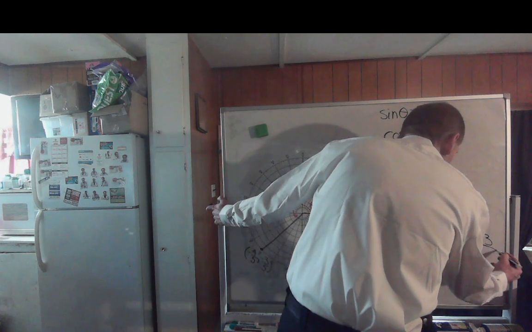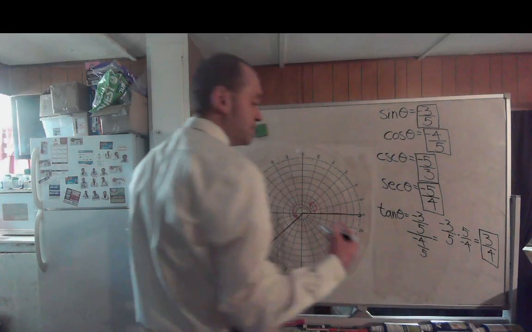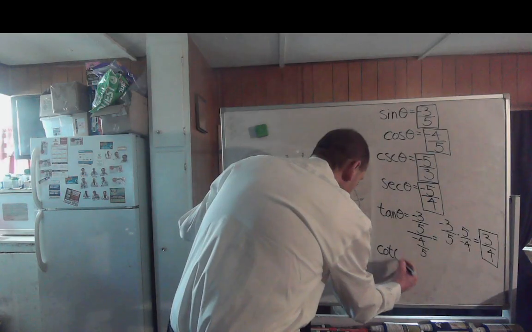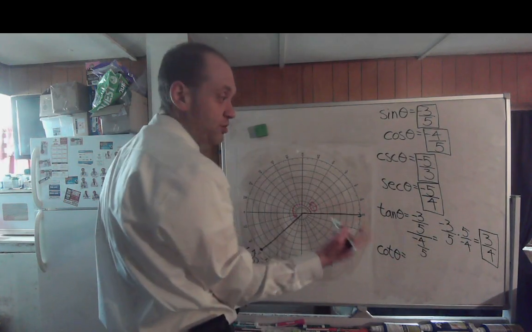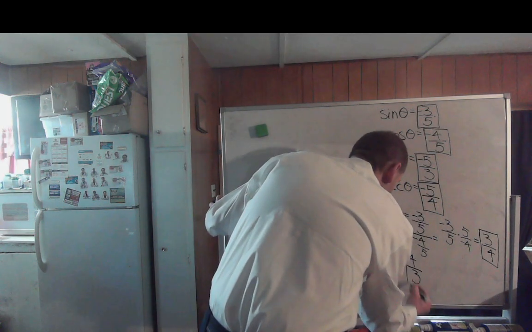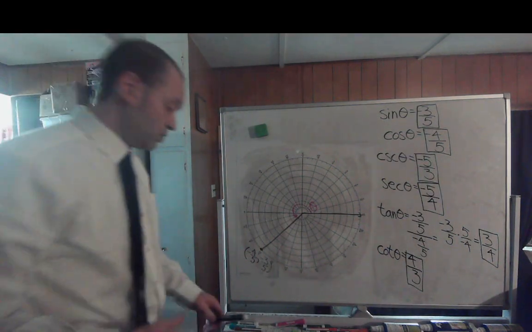That's actually going to give you +3/4. And that makes sense because we're in the third quadrant. You would in fact get a positive tangent. And then the cotangent of theta is just the reciprocal of the tangent. Reciprocal of 3/4 is 4/3.